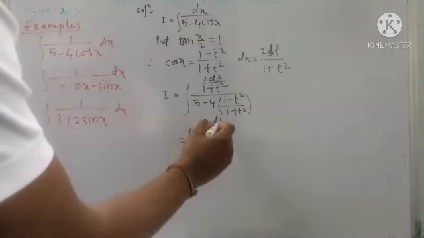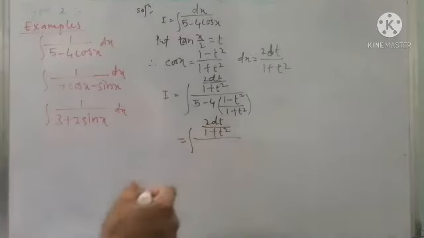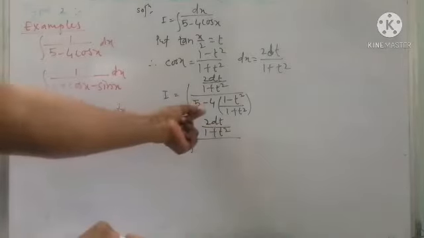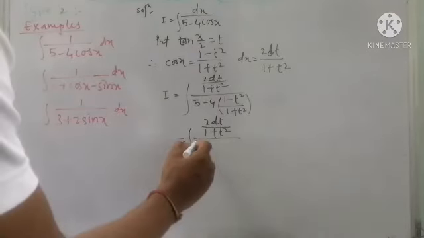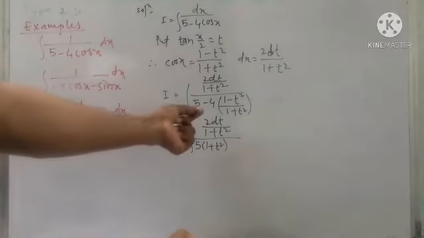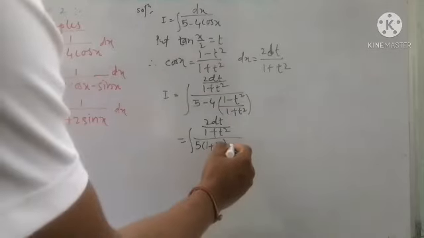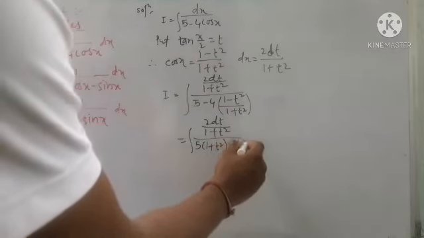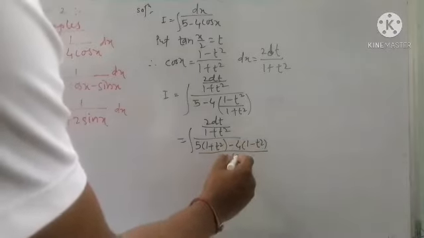The numerator remains as it is, 2 dt/(1 + t²), divided by: the first term has numerator 5 and the denominator of the second term is 1 + t², multiplying both, 5 into (1 + t²). Now the first term has a denominator 1, so the denominator of the second term remains as it is, which is 4 into (1 - t²), and the whole divided by the common denominator 1 + t².